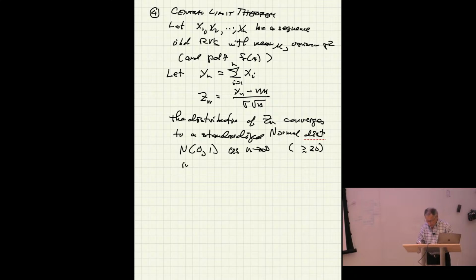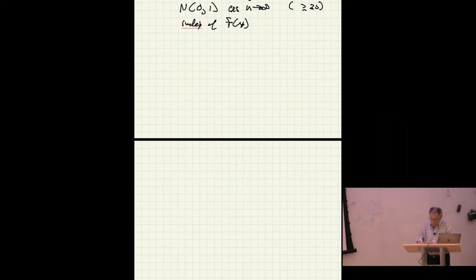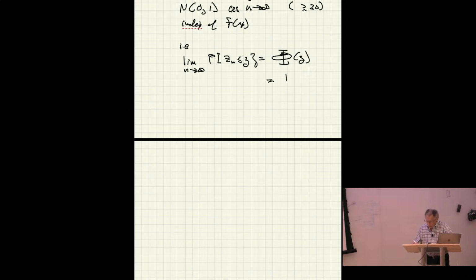And this whole thing is independent of the density of each of the x's, i.e., the limit as n goes to infinity of the probability that Zn is less than or equal to z, some constant z, is equal to this symbol phi of z, that's not the old phi of z from before, which is defined to be 1 over root 2 pi, integral from minus infinity to z of e to the minus x squared over 2.